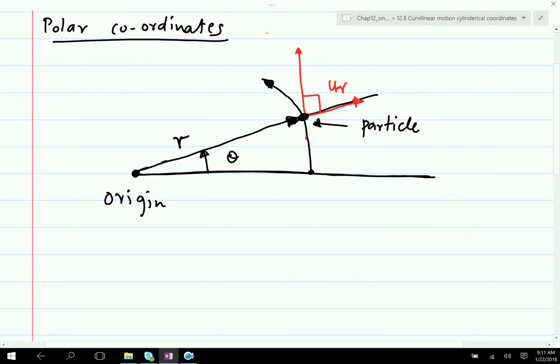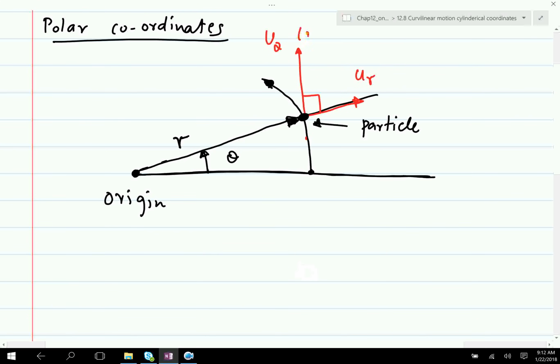This is 90 degrees. This is u theta. The main point I want to make is that u theta need not be tangential to the particle. Ut, on the other hand, the ut and un were talked about in the last class. Ut is actually tangential to the motion, but u theta is not tangential.